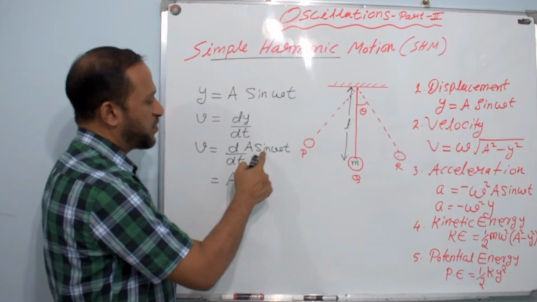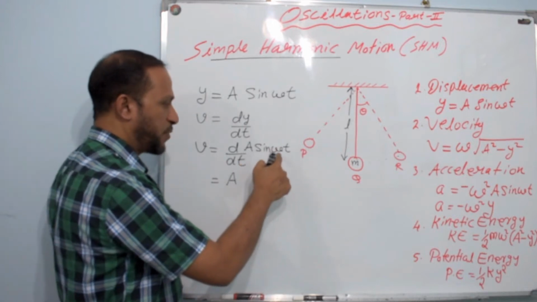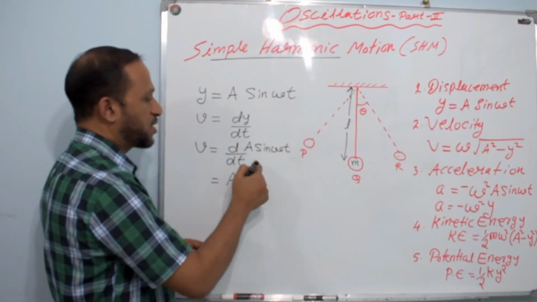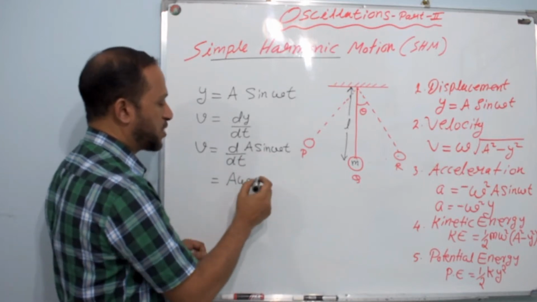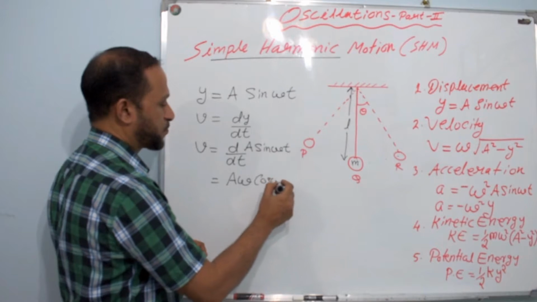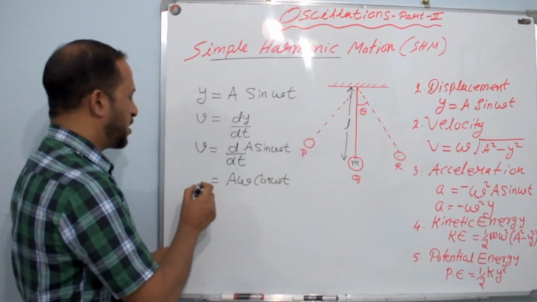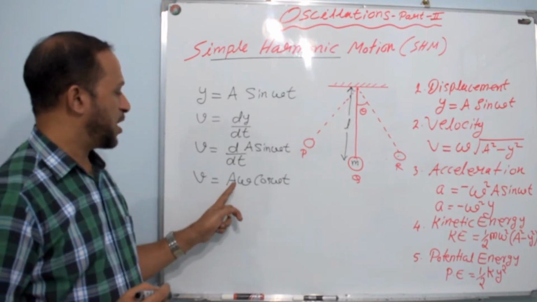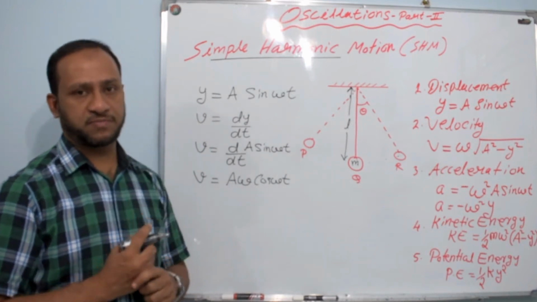When we differentiate sine omega t, omega is a constant again, that also should be taken outside. Then the differential of sine omega t is cos omega t. So we get the equation of velocity of an oscillator as a omega into cos omega t.